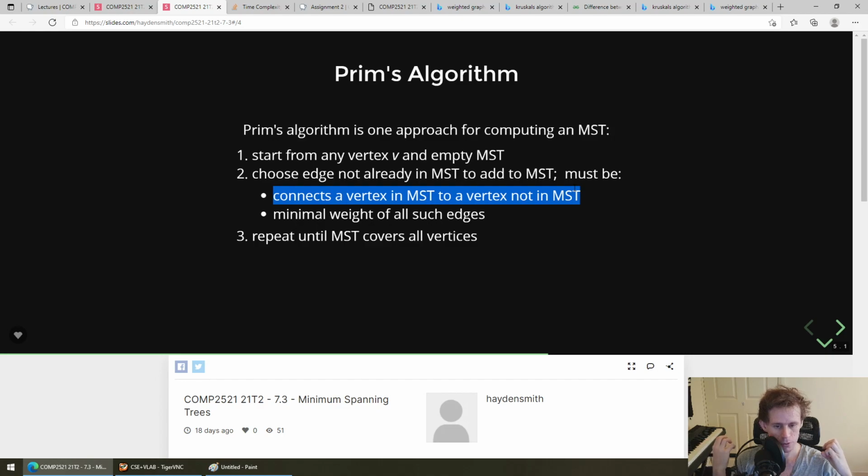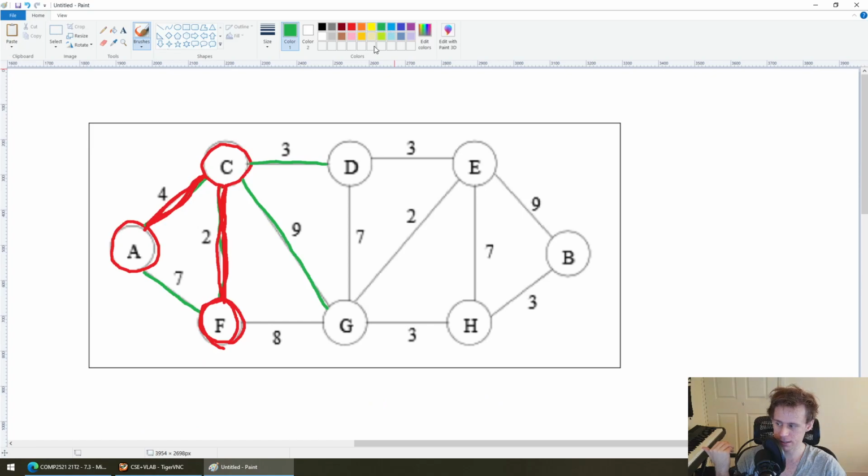So what that means is you don't actually need to do cycle checking, because if you tried to, say, connect 7 here, the rule is that one side needs to be in the tree, one side needs to be out. So therefore you know you can't connect 7. There's no cycle checking you have to do. That lack of cycle checking is probably one benefit of this algorithm.